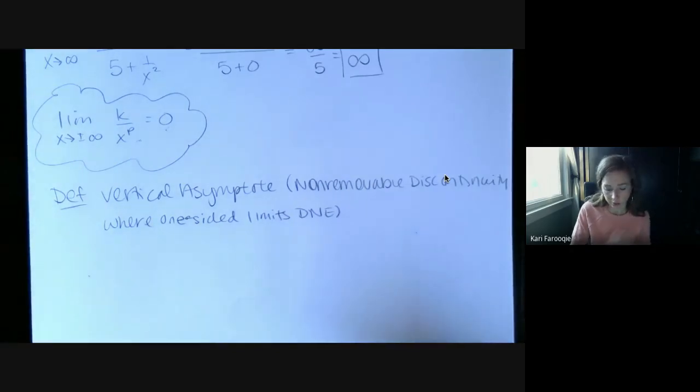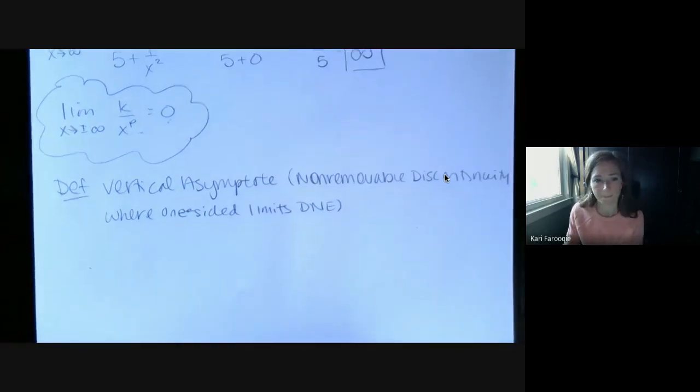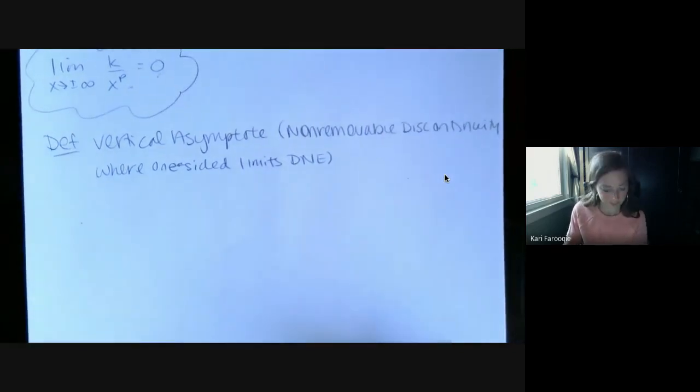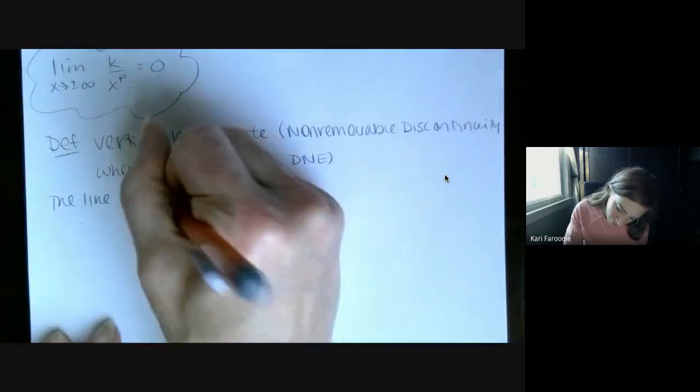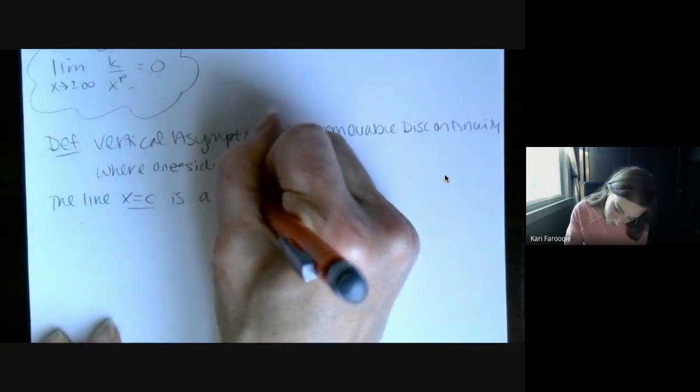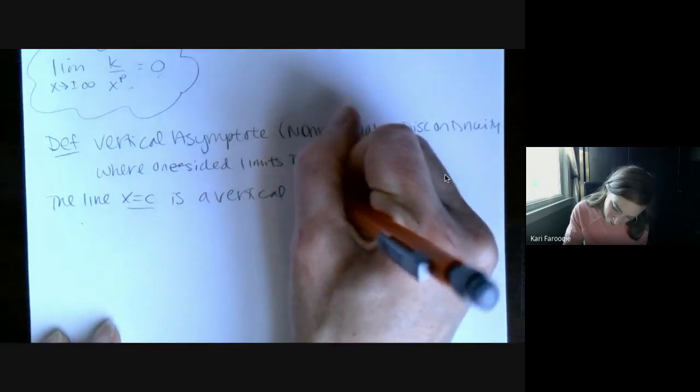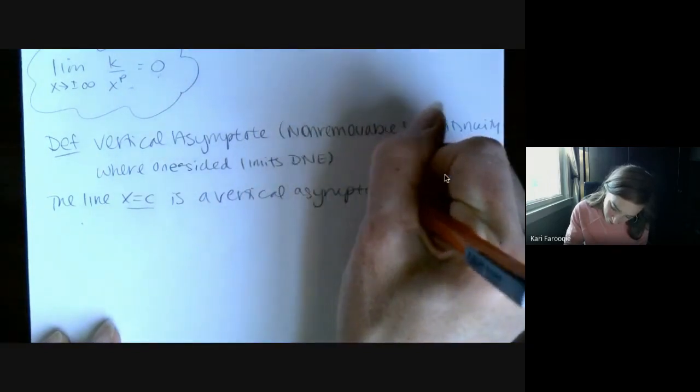Usually that's going to happen with some sort of piecewise function. The line x equals c is a vertical asymptote of your function, f of x, if any of the following is true.